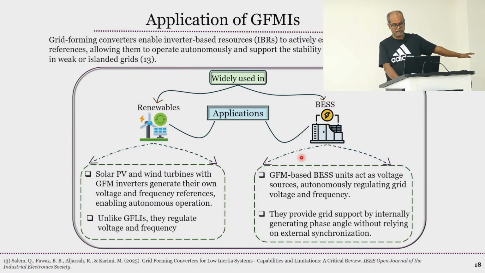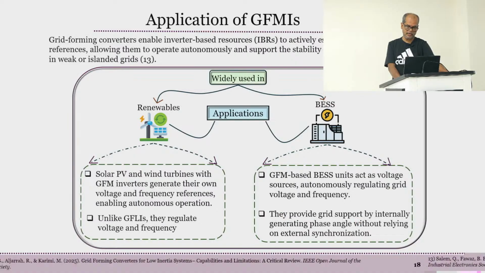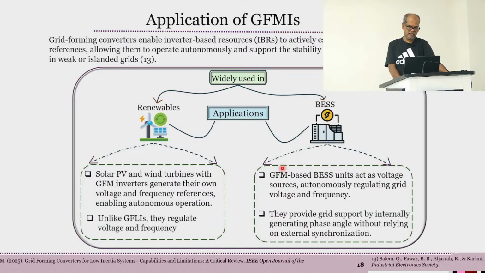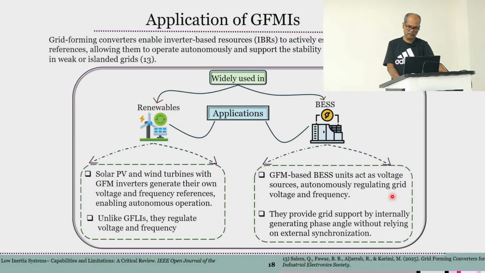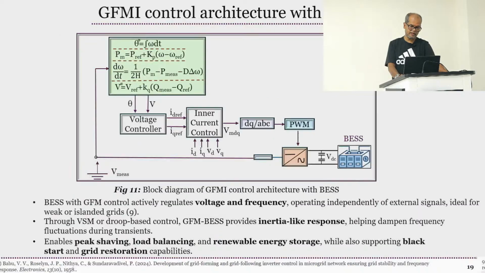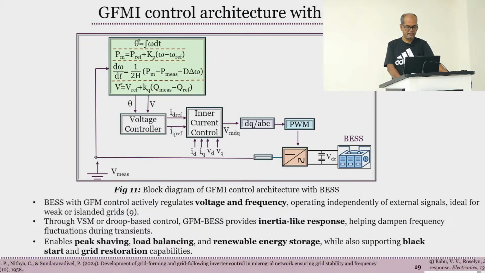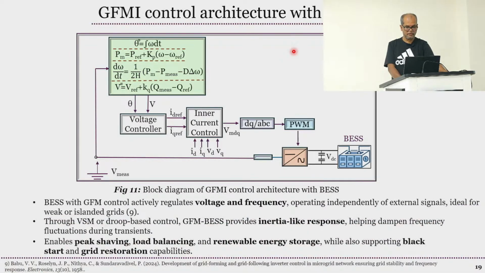Now in terms of application, we already mentioned many times that it can be used, including hydrogen systems, and we also mentioned that many grids use it already. Even in Australia we have a number of grid forming BESS already in operation. For renewables it might happen in coming years, but so far they are only used for batteries. For the battery, this could be the architecture we might use.